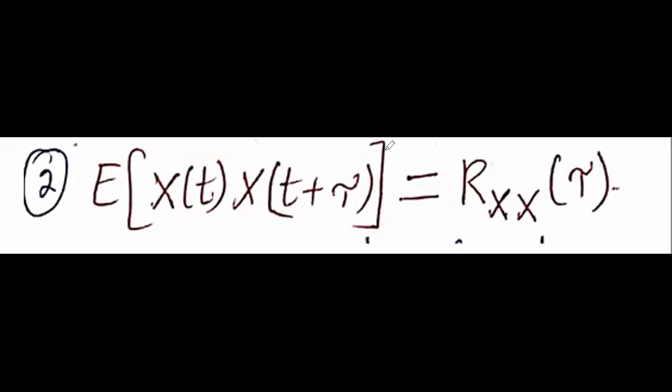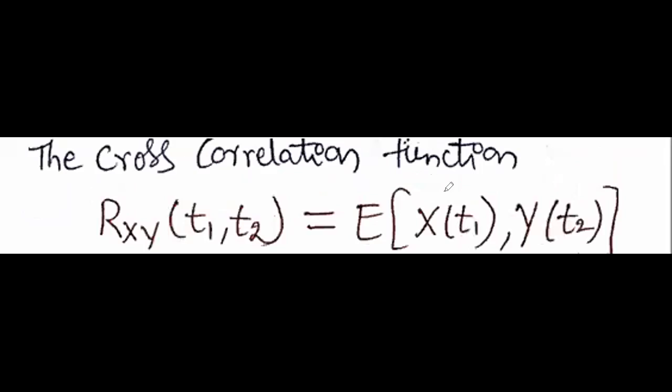Then the cross correlation function is given by this formula, that is Rxy of t1 comma t2 is equal to expected value of x of t1 into y of t2.